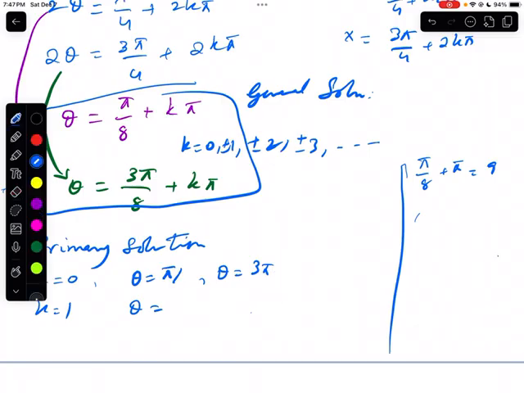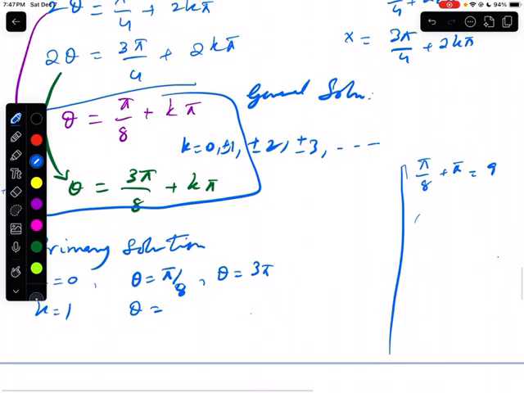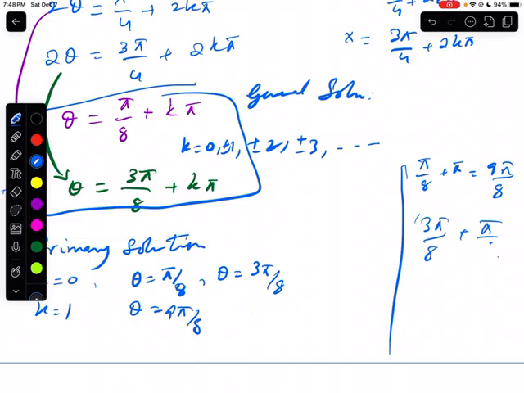Okay, so pi over 8, and then I have 3 pi over 8. Now the next one will give me 9 pi over 8, and the second one will give me 3 pi over 8 plus pi, right? Like what we have here. So what will that give me? 8 plus 3 is 11. So we get 11 pi over 8.